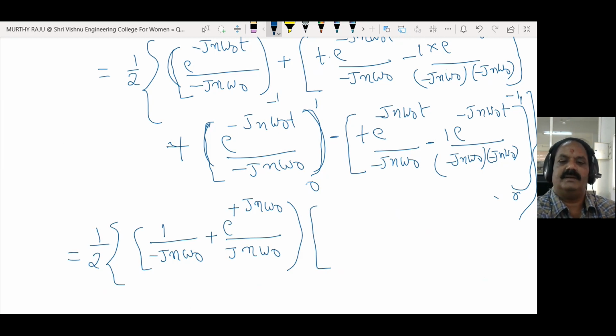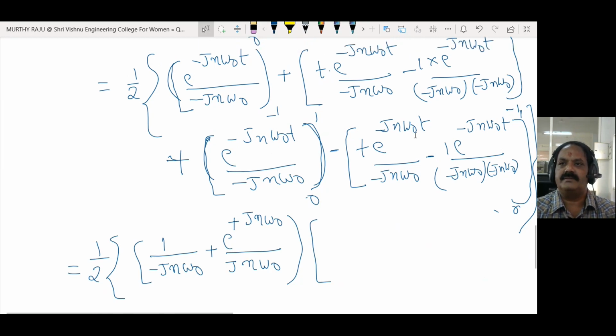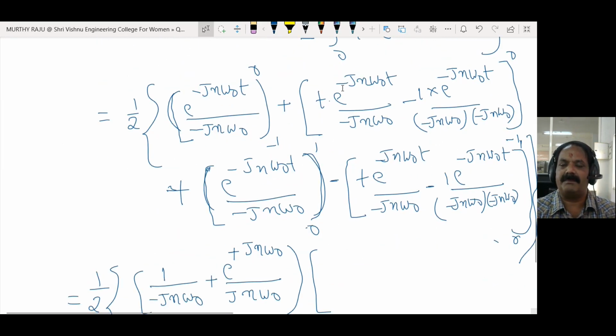Here, substitute 0 for the limit 0, and j into j squared.